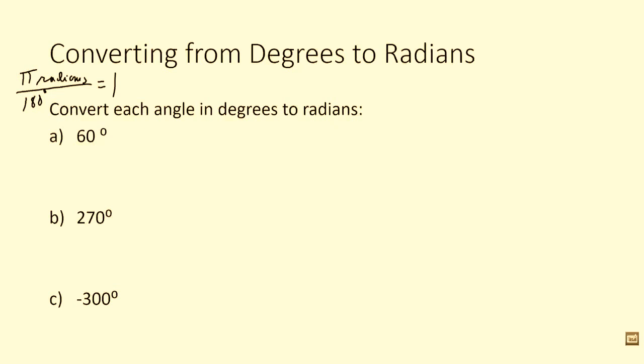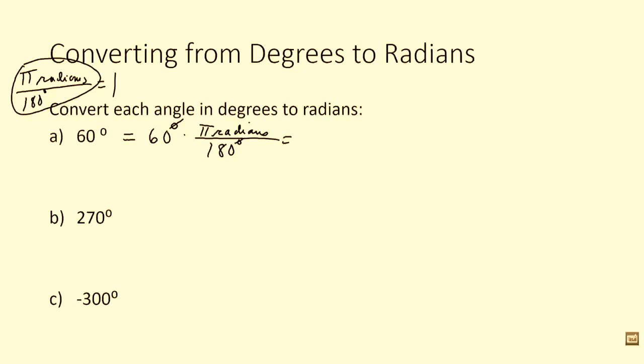So we have 60 degrees and we want to convert this degree measure to radians. I have 60 degrees times pi radians over 180 degrees. Basically, we want the degrees to cancel.